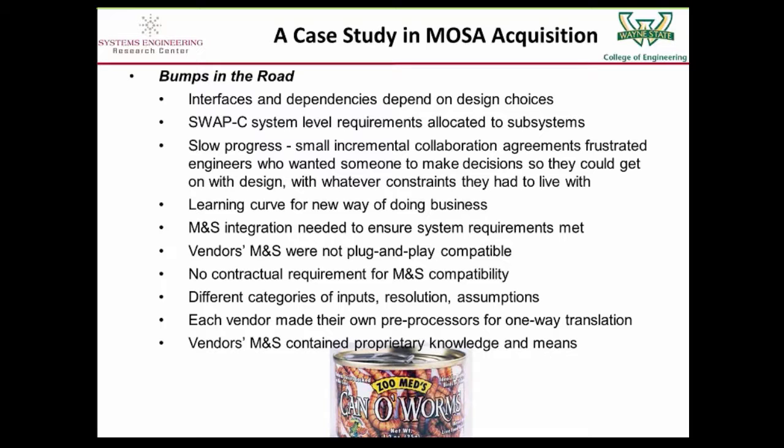We already talked a little bit about SWAP-C: size, weight, and power, and cooling, that's the C, which are system-level requirements. They're allocated to subsystems that provide the capabilities to meet those burdens, but the actual levels of those burdens depend on the integrated system.